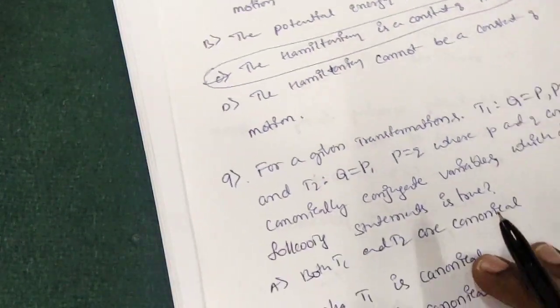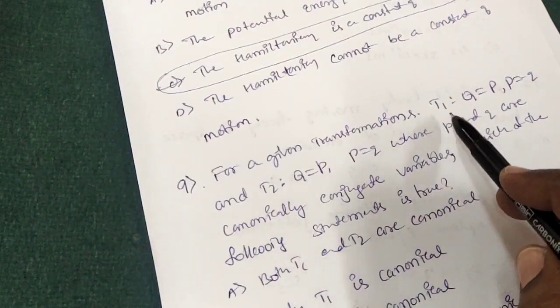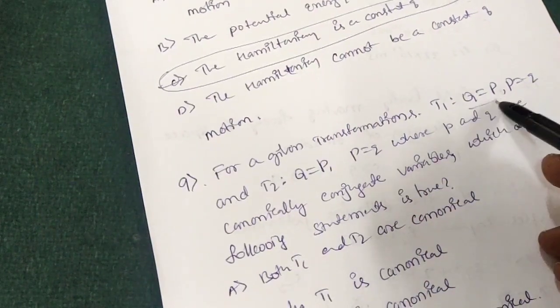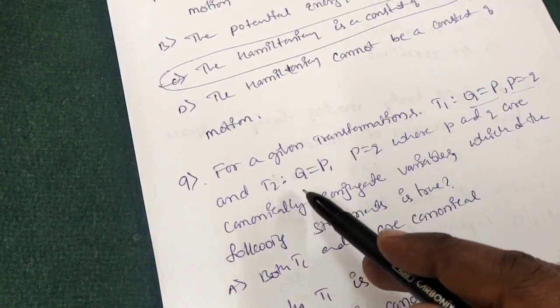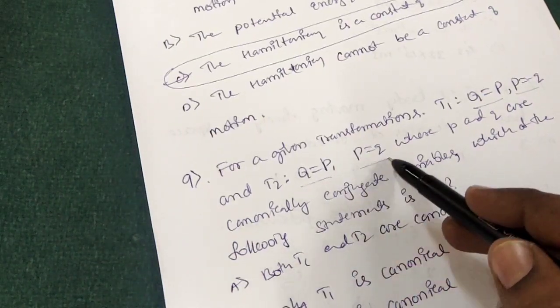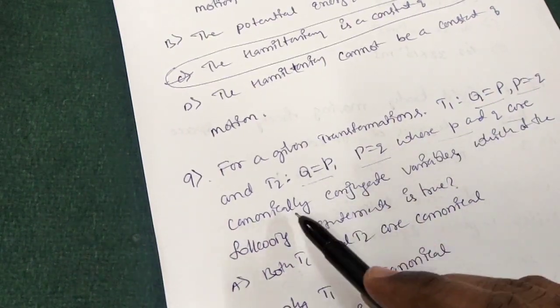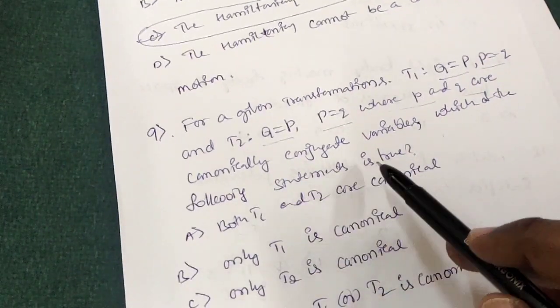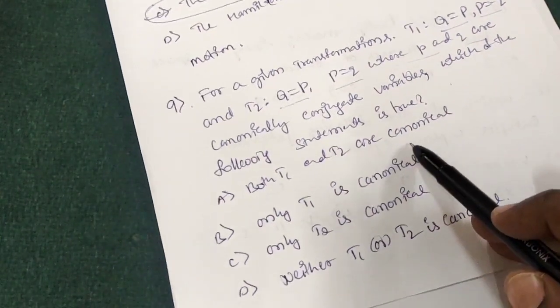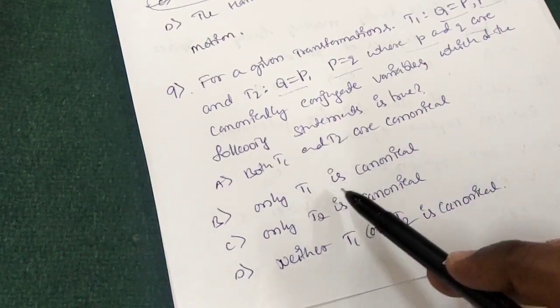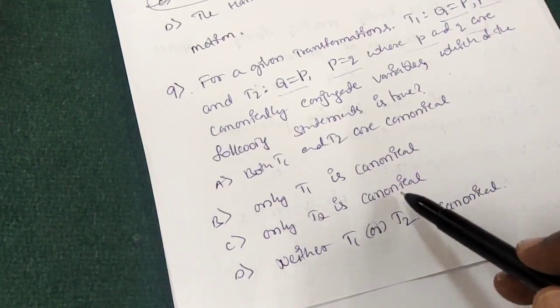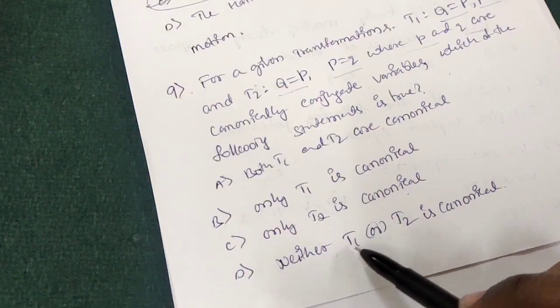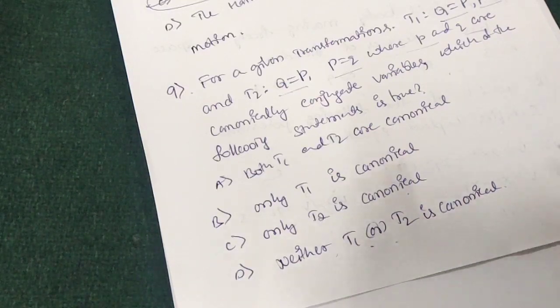Next, for a given transformation, T1 is Q equal to p and P equal to minus q, and T2 is Q equal to qp and P equal to q, where p and q are canonically conjugate variables. Which of the following statements is true? Both T1 and T2 are canonical, only T1 is canonical, only T2 is canonical, or neither is canonical.